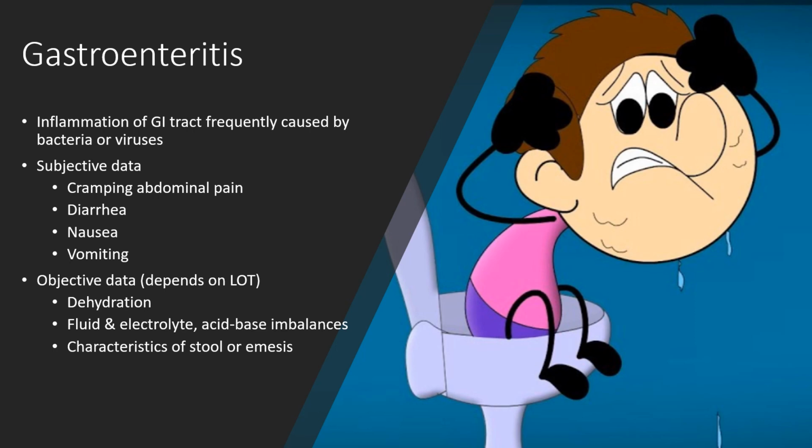Objective data really depends on the length of time that they've had the gastroenteritis. They can be dehydrated, and the level of dehydration depends on the length of time they've had it. They can have fluid, electrolyte, and acid-base imbalances, and then you want to look at the characteristics of the stool or the emesis.